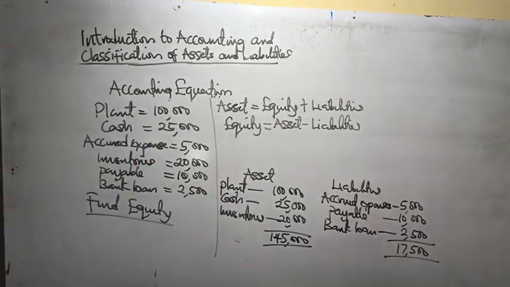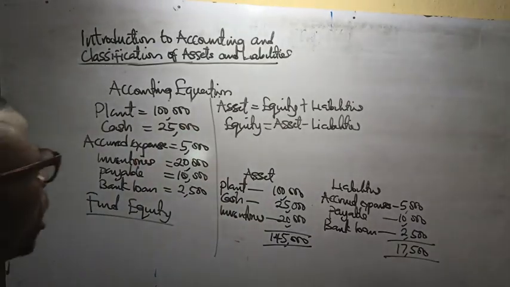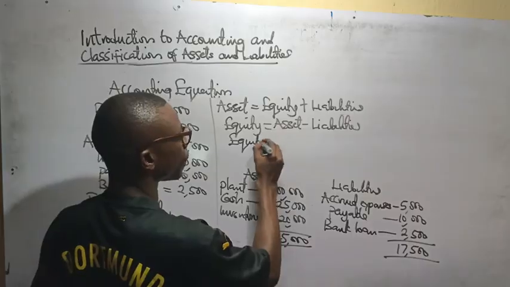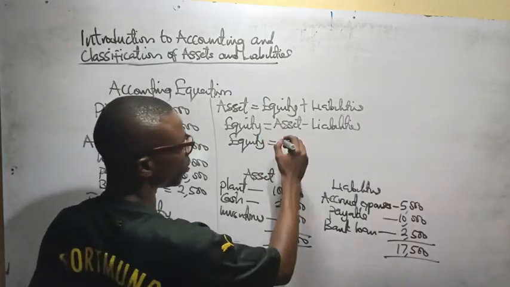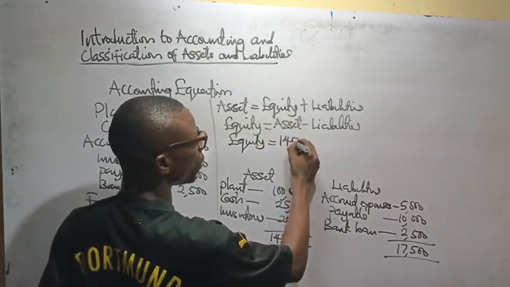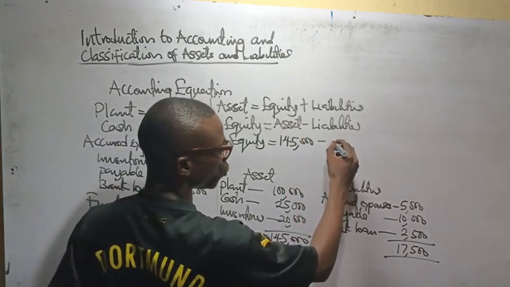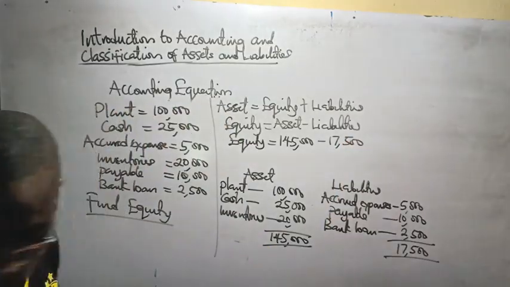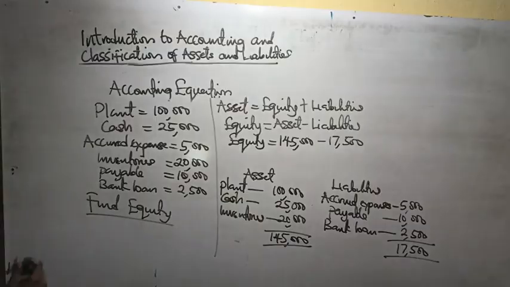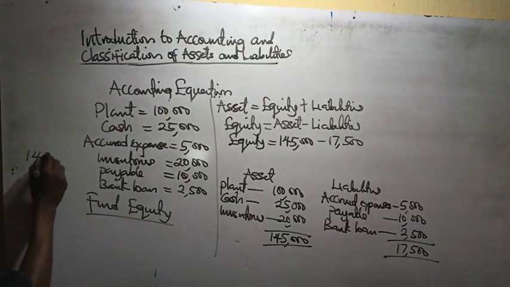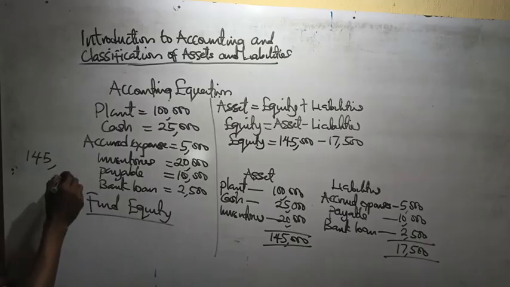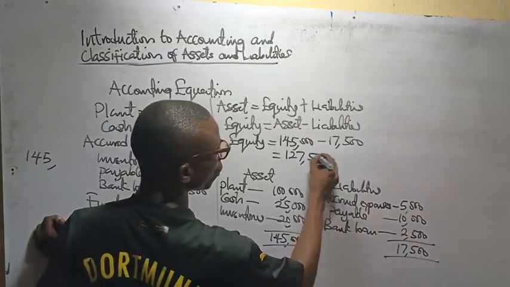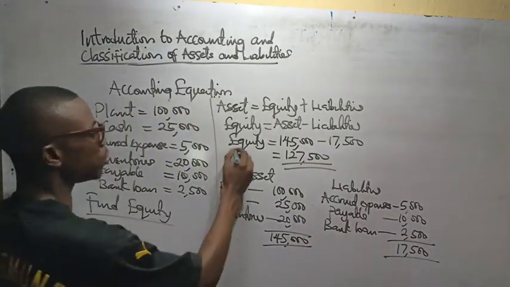Our equity is asset, 145,000 minus 17,500. What do you have? Very quick one, please. 127,500. So that will be your equity.